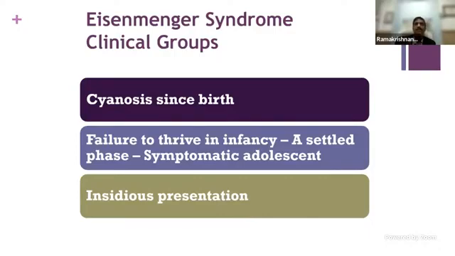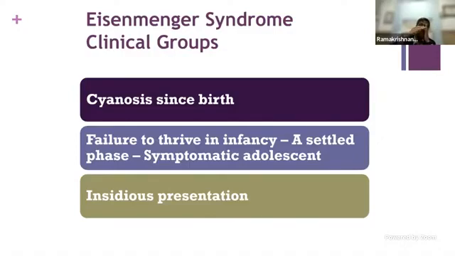So what is the reason for this insidious presentation? Why don't they have symptoms of heart failure? They are having such a large VSD, and they are just presenting to you as Eisenmenger syndrome at 20. They are never diagnosed to have heart failure, never diagnosed in childhood to have a murmur. Why does this happen? When the examiner asks you this question, the immediate answer has to be non-regression of the fetal pulmonary artery circulation.